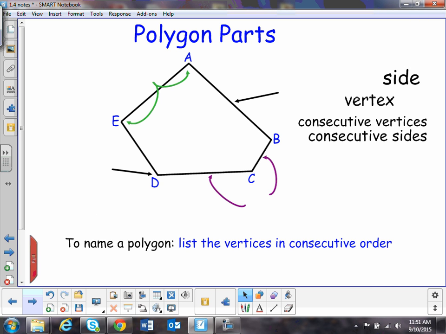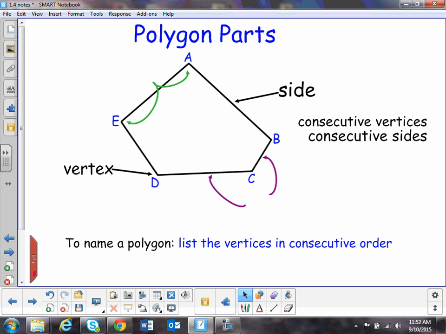Okay. All right, polygon parts. So just to kind of put up a picture, the side, obviously, the segment right there. Okay, how many sides does this have? 5. There's the vertex, pointing at the corner, the point.